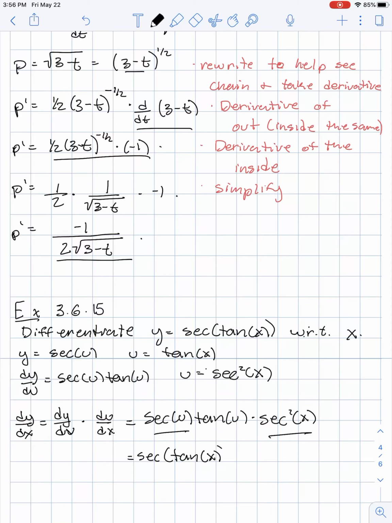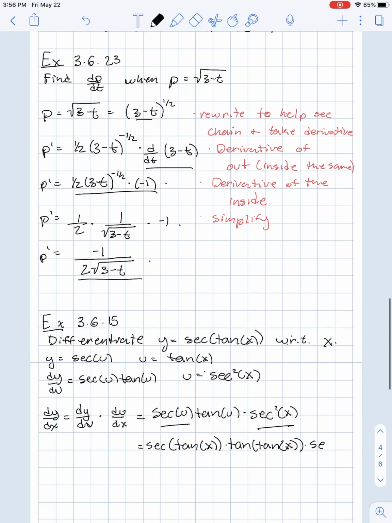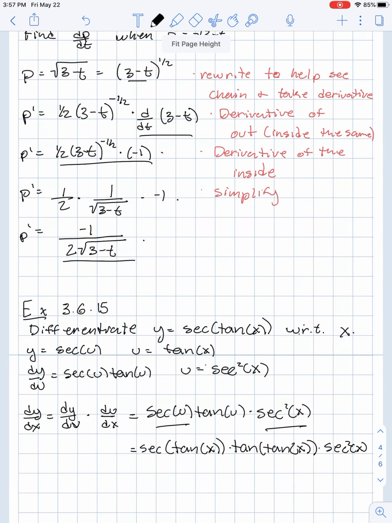So then that's going to equal, when I put in my u, secant of tangent of x, tangent of tangent of x, times secant squared of x. Alrighty? And that's our final answer.